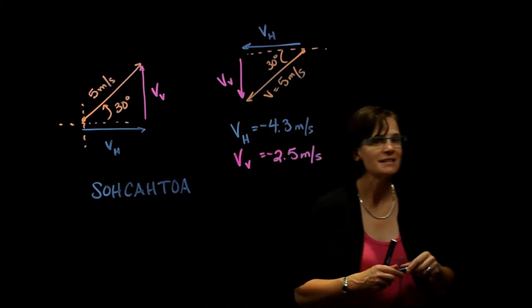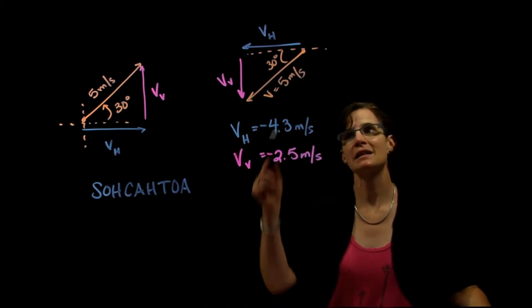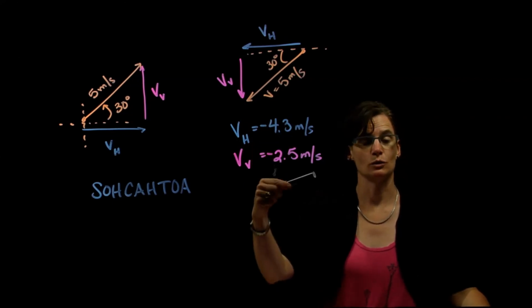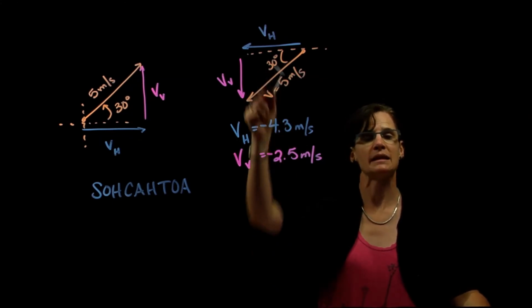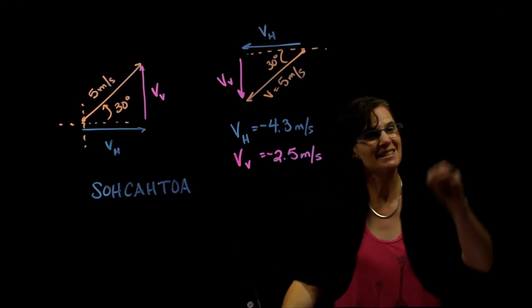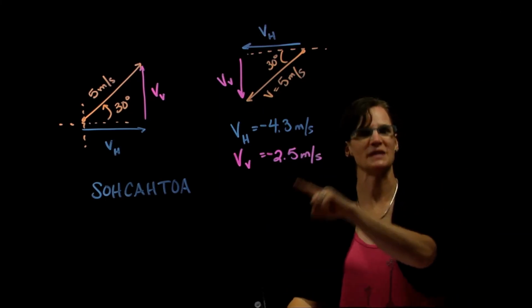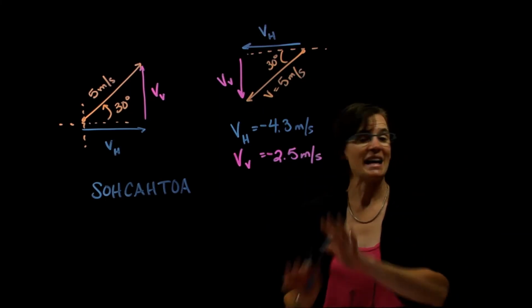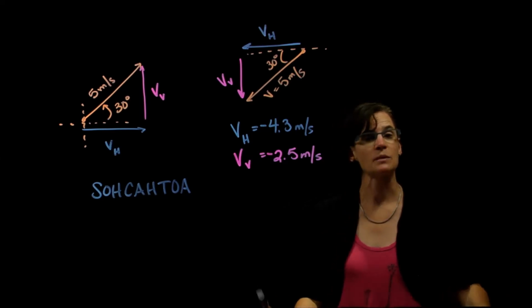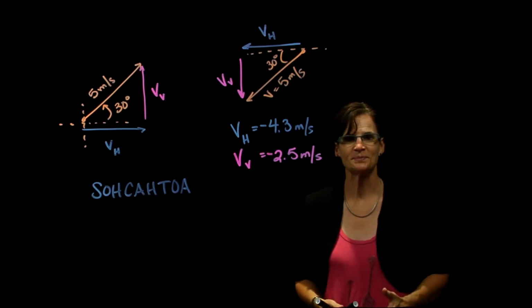So in this example, we're only looking at the magnitude of these two components by using that 30-degree angle. And our physics understanding tells us that we have to put those negatives in. Okay, and I am totally comfortable with you doing it that way, and that's the way a lot of people are comfortable with doing it.